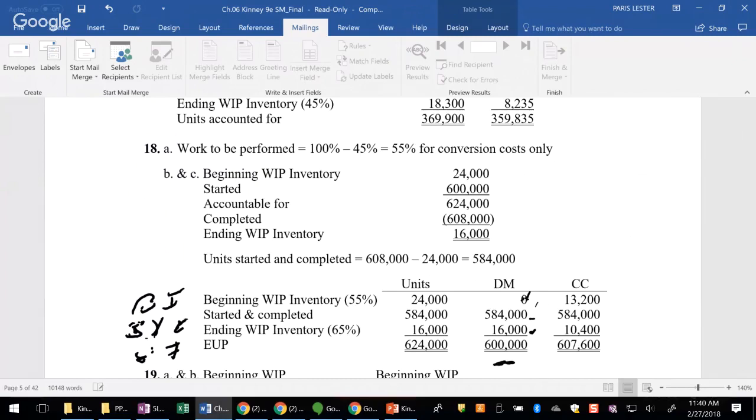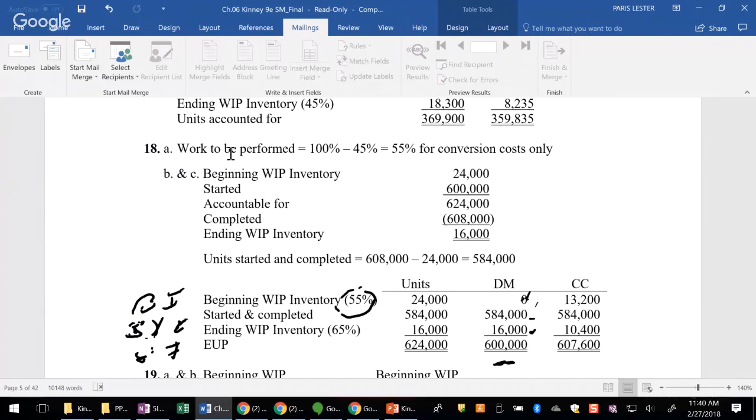And for labor and overhead, all right, was that 45%? Did they give you 45%? Look back at 15 and see if they gave you 45% for beginning inventory. They did. Yeah. If you look back at 15, they gave you 45% already completed.